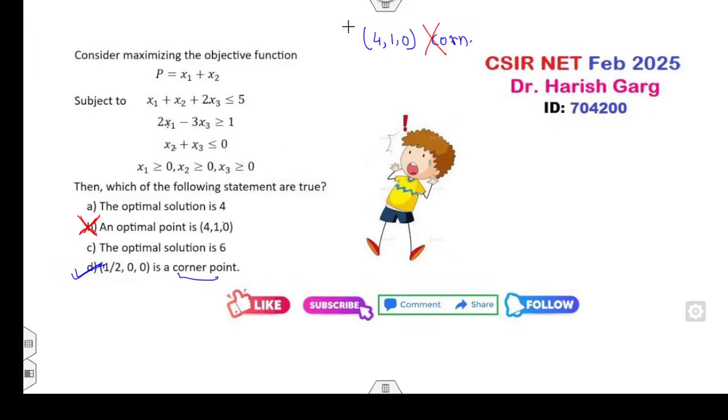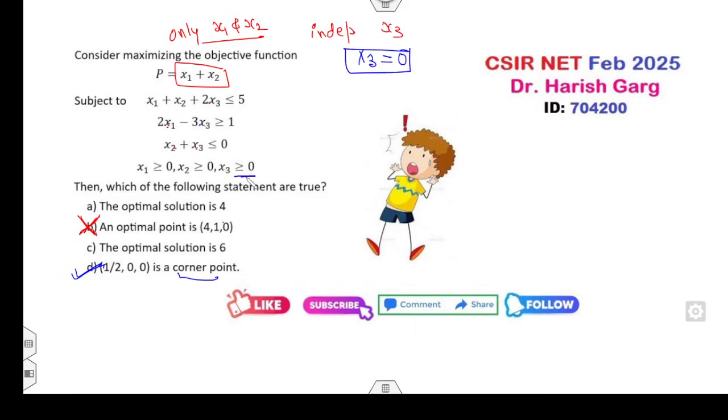Now, how can you check the optimal value? Clearly they depend only on x1 and x2. That is independent of x3. So I can choose x3 as 0, that is the minimum value. If x3 is 0, this number will be fine. 2x1 is greater than 1, and this equation becomes x1 plus x2 is less than 5.